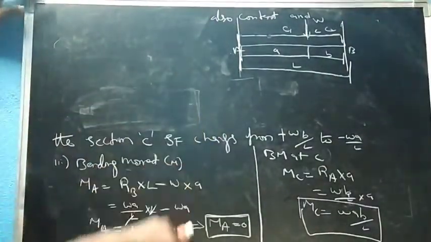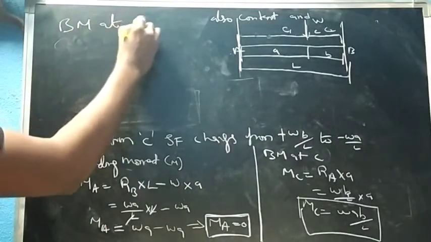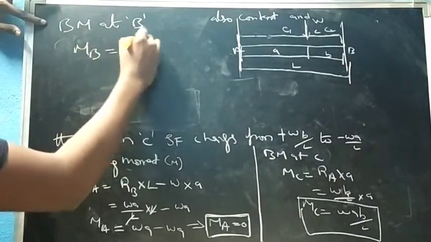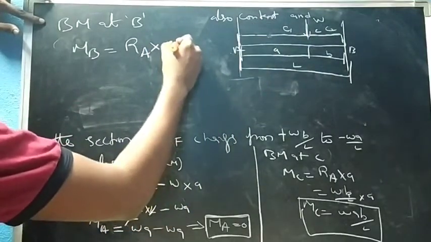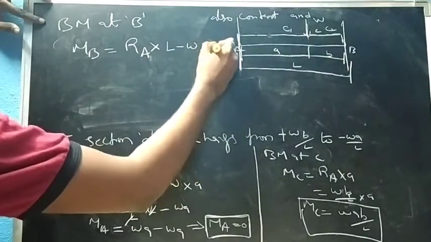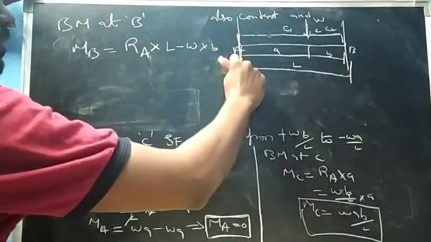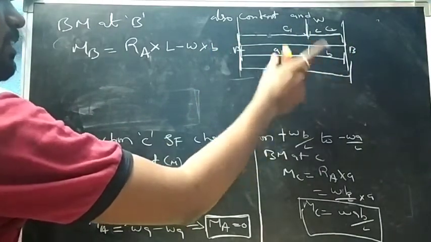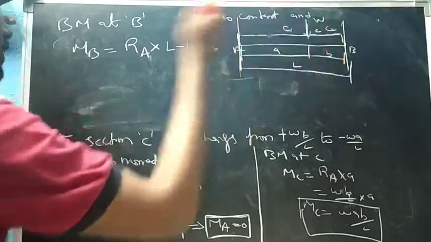Now we will find out moment at B. Okay, bending moment at B, that is MB equals to RA into L minus W into b, right? I am taking moment at B, so I have to come all the way from left to right. So RA multiplied by L, then W multiplied by b.